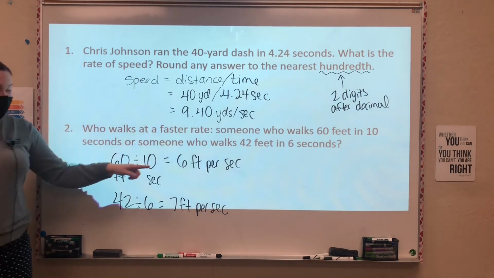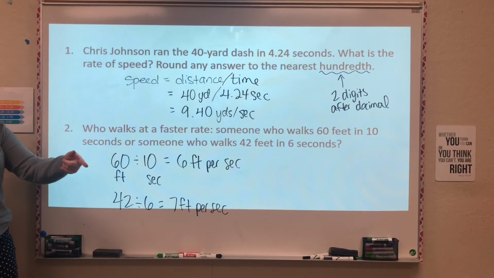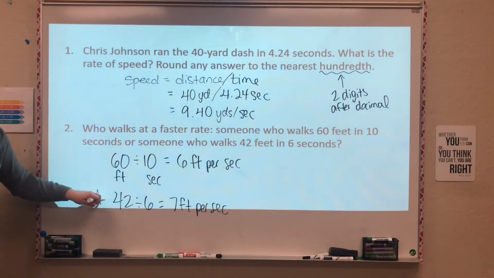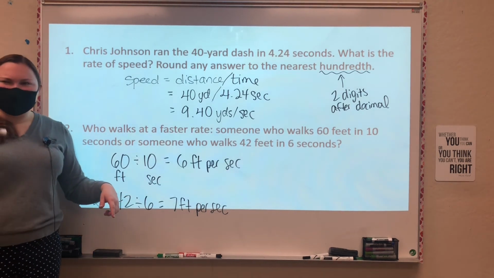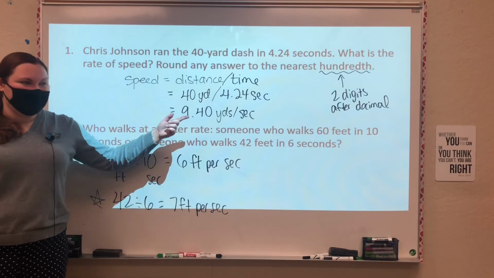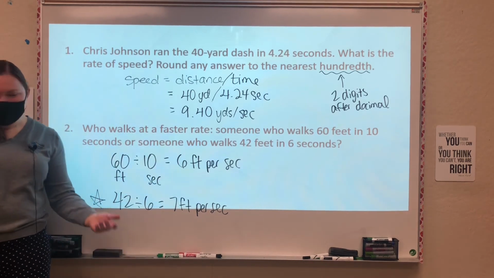No, it's 1 foot. There you go, 1 foot per second faster. So we would say our second walker walks at a faster rate because he walks 1 foot per second faster than the other person. You could also just say because he walks 7 feet per second, the first guy walks 6 feet per second, and 7 feet per second is faster.